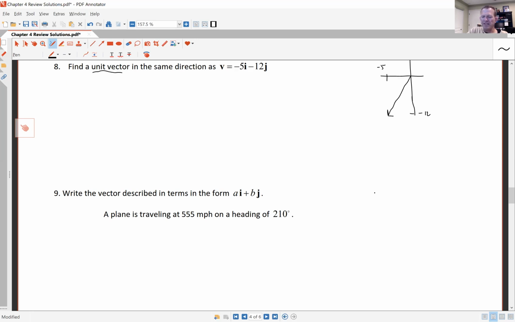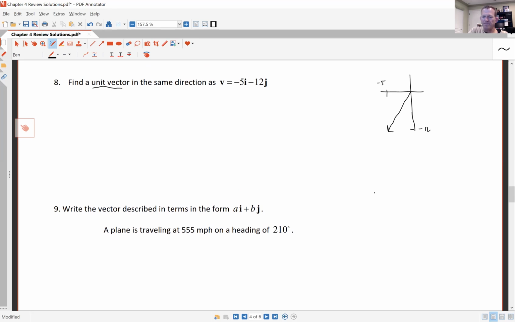And so if we think of this as a right triangle, 5, 12, we should recognize that hypotenuse as being length 13. So we don't want that vector. We want a vector that is merely identical to that, but just has length 1. So we want to scale it back to make it have length 1, so it's on the unit circle then.